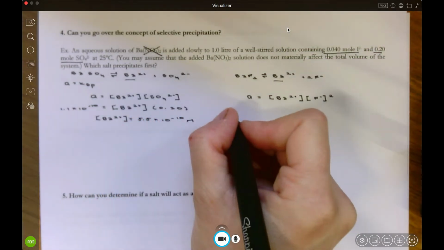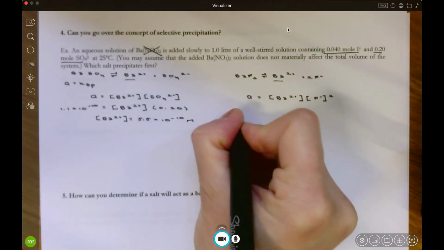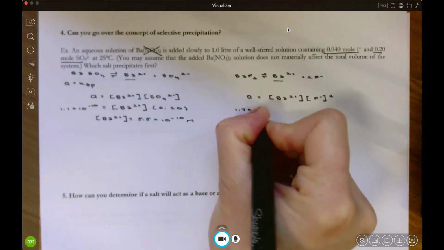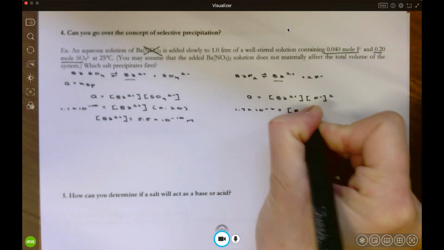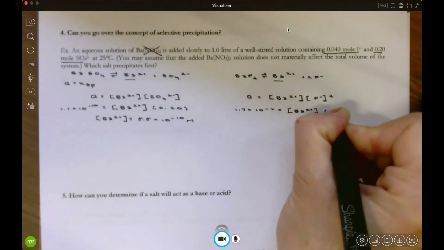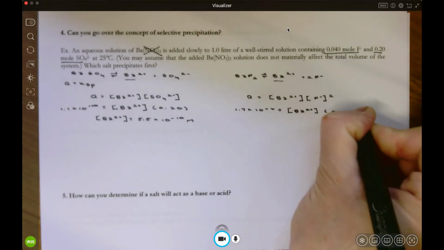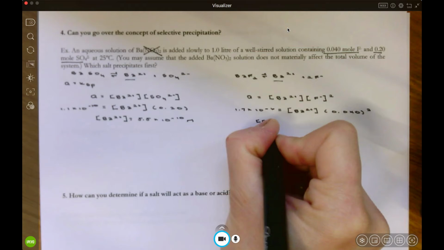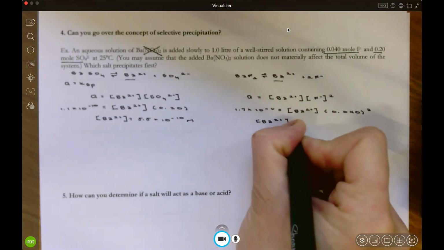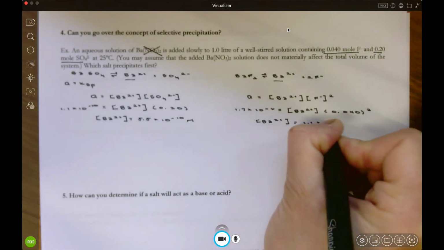When I do the same thing for barium fluoride, my KSP is 1.7 times 10 to the negative 6. That's just given to you. I'm solving for the concentration of barium that would be required, and the concentration of fluoride is 0.04. And so the concentration of barium that I get is 1.1 times 10 to the negative 3rd molar.